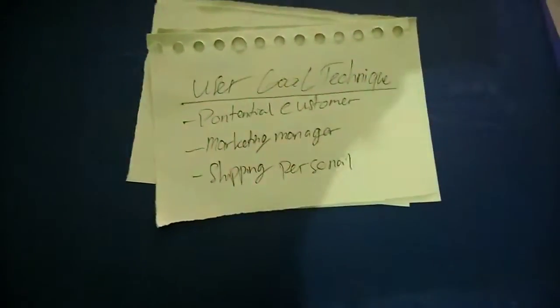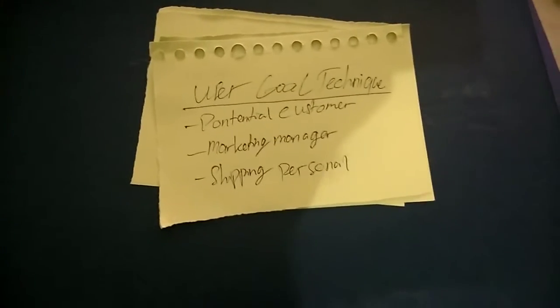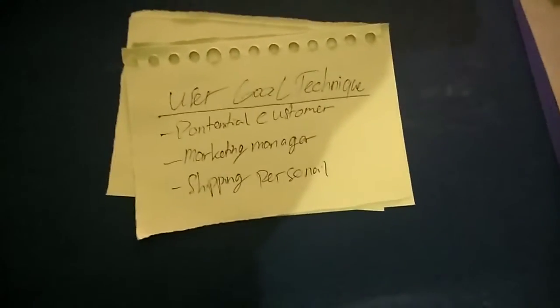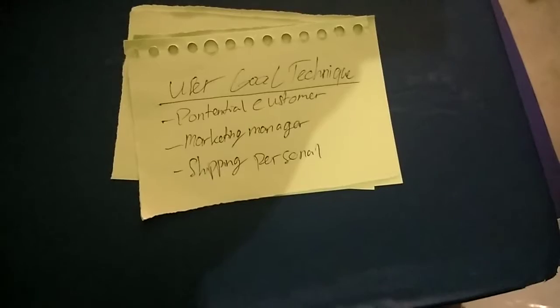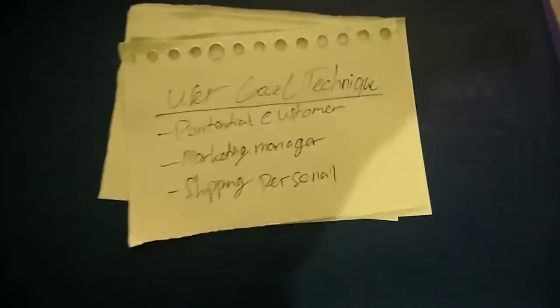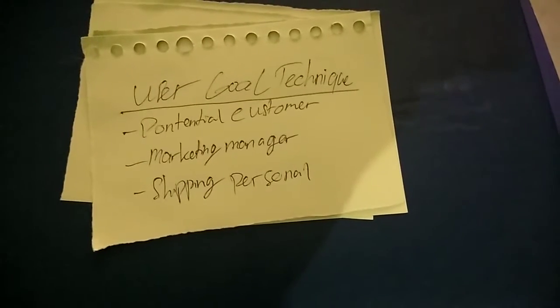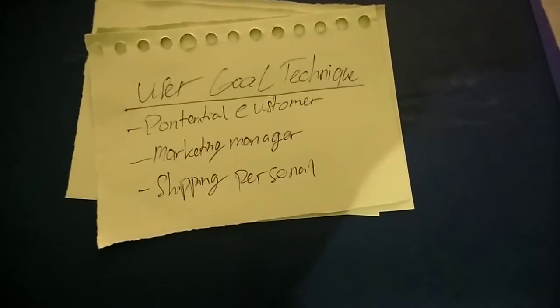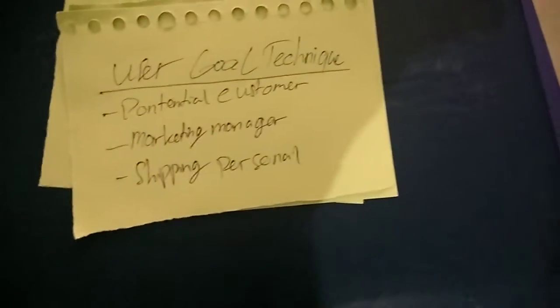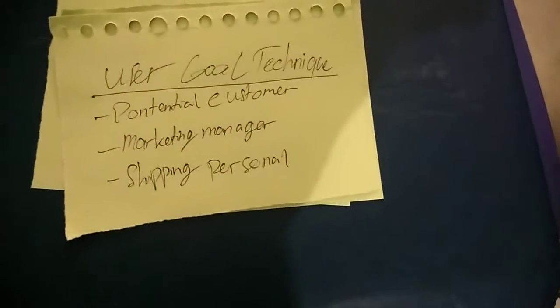In the user goal technique, users have a tree, and use cases have a tree too. I will explain the users first. Users: potential customer, marketing manager, shipping personnel. User goals and resulting use cases: customers search for items, fill the shopping cart, view product ratings and comments.